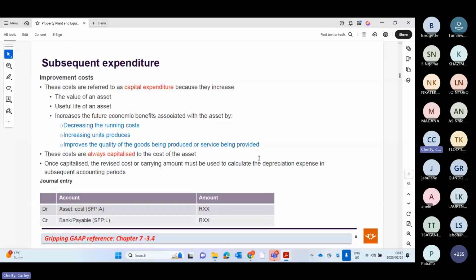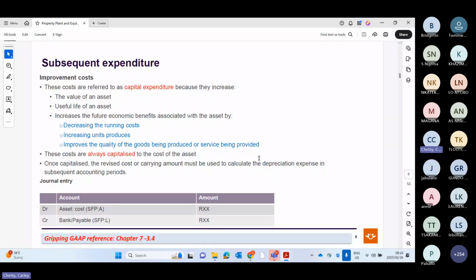These costs are always going to be capitalized to the cost of the asset. Once these costs are capitalized, the revised cost or carrying amount must be used to calculate the depreciation expense in the subsequent accounting period.